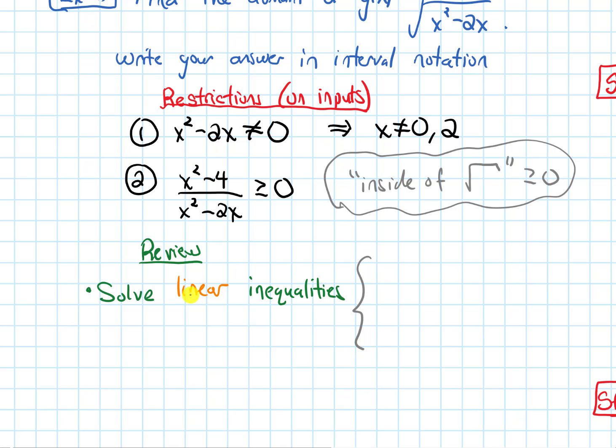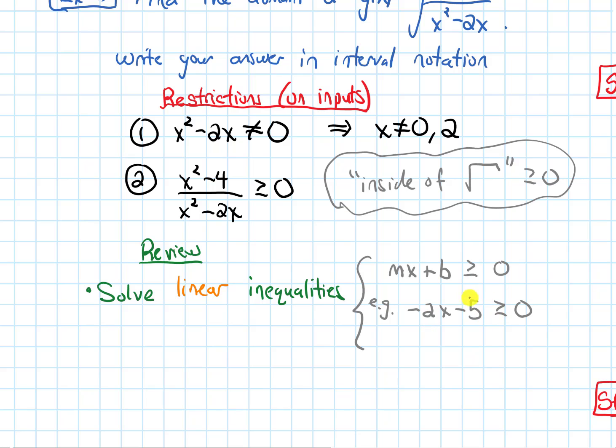Linear means it's going to sort of resemble the equation of a line, something like mx plus b. And then there's going to be some inequality symbol. Let's just say it's a greater than or equal to, like we have, but it could be any inequality symbol. And let's just put 0 on the other side, but it could be technically any constant here. So as an example, let's say we had negative 2x minus 5 is greater than or equal to 0.